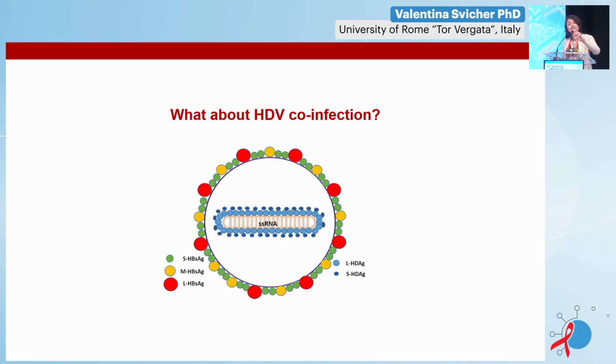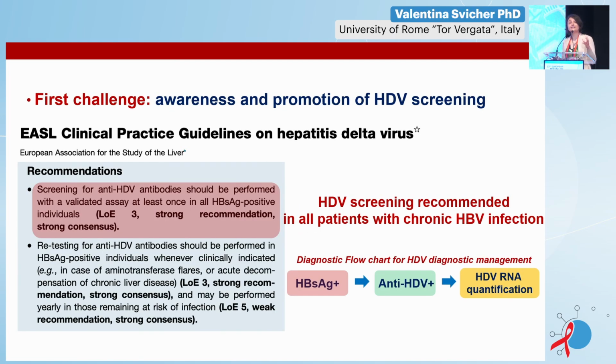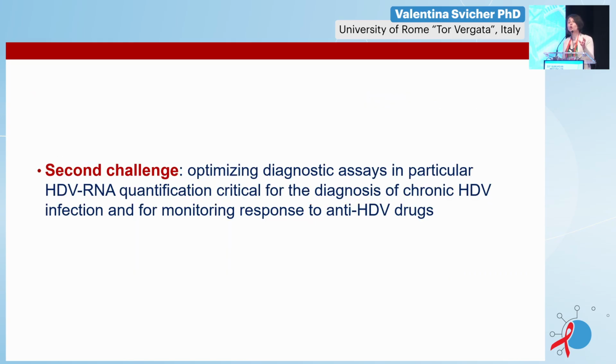A different scenario has characterized the Delta virus, in which, as we heard yesterday afternoon, the scientific community has worked to promote the screening in order to fulfill the recommendations of the current guidelines, and has worked to optimize diagnostic assays for HDV, in particular for HDV RNA quantification, which we know to be critical for the diagnosis of chronic Delta infection, but of course to monitor response to drugs.